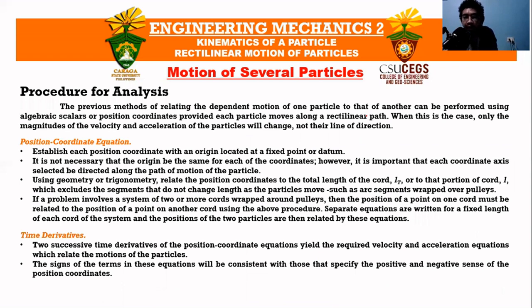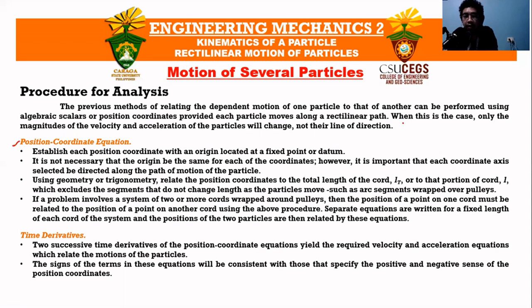For the procedure for analysis, the previous methods of relating the dependent motion of one particle to that of another can be performed using algebraic scalars or position coordinates, provided each particle moves along a rectilinear path. When this is the case, only the magnitudes of the velocity and acceleration of the particles will change, not their line of direction. First, establish the position coordinate equation.